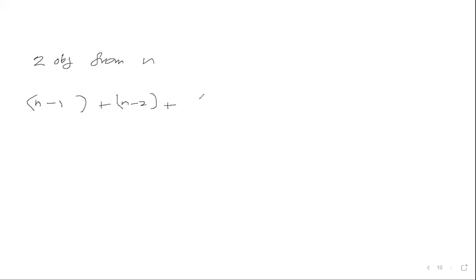And then you add to that 6. But now we have n. We don't know what n is. n could be 50 or 100, a million. And now you just put dot, dot, dot because we don't know how many there are. But in the end, you'll have, as we saw, 2 plus 1. So this is the answer. The number of ways in which you can choose 2 objects from n objects is this.